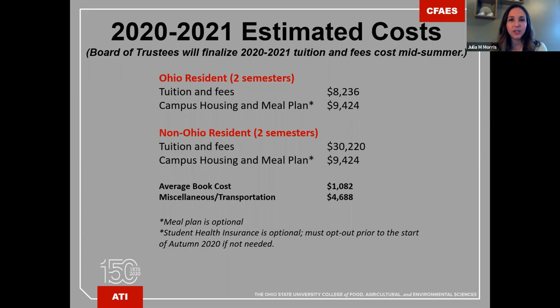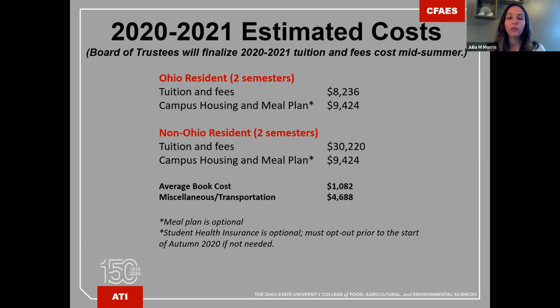All right, so estimated expenses for this upcoming school year are already posted. However, again, they're estimated. The Board of Trustees will finalize costs in early July, is typically their time frame. Depending on whether you're an Ohio resident or non-Ohio resident, you will want to look at the appropriate areas there.